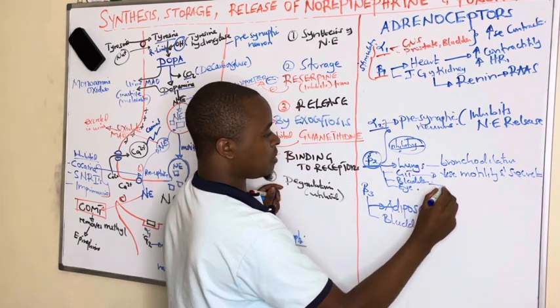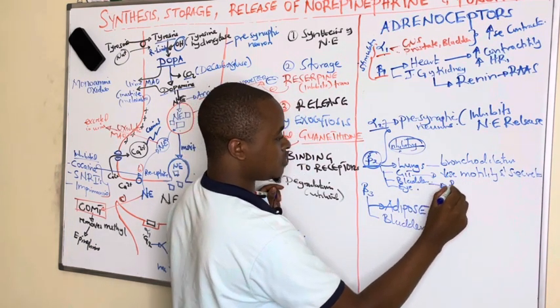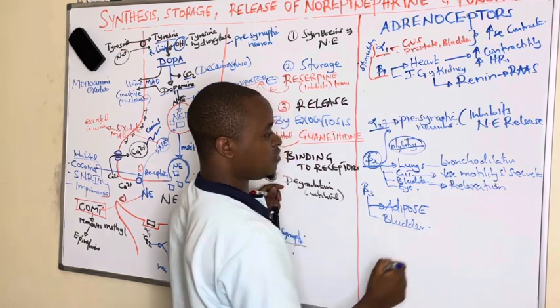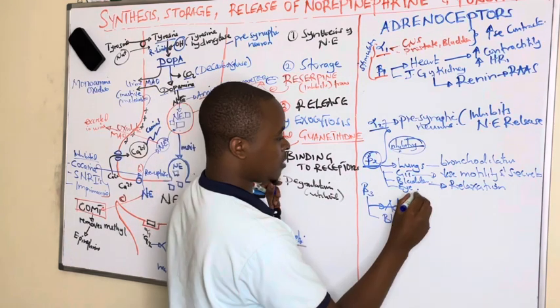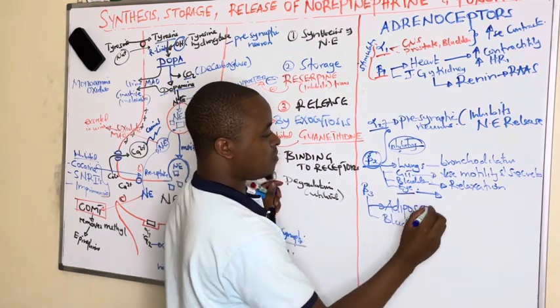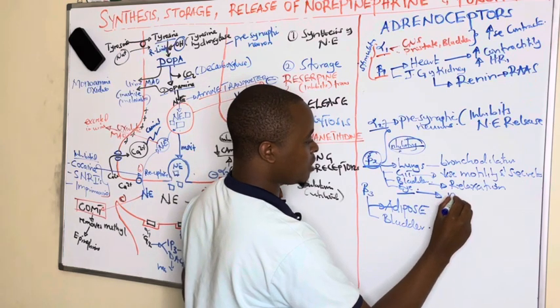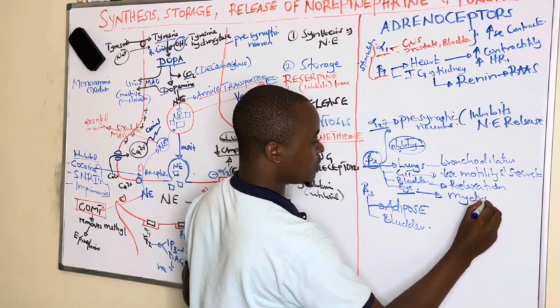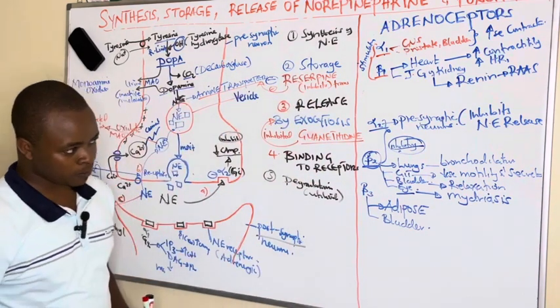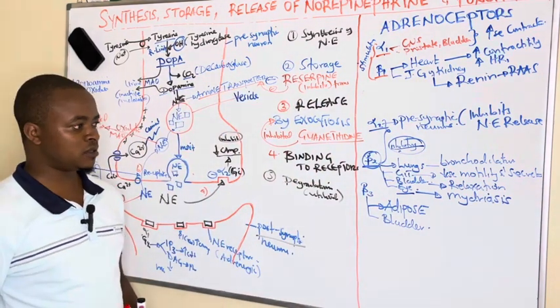When it goes to the bladder, it causes relaxation of the detrusor muscles and the trigone sphincter. If it is found in the eyes at the ciliary muscles, it causes relaxation leading to mydriasis, that is widening of the pupil.